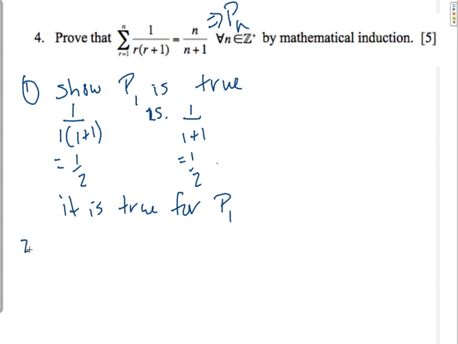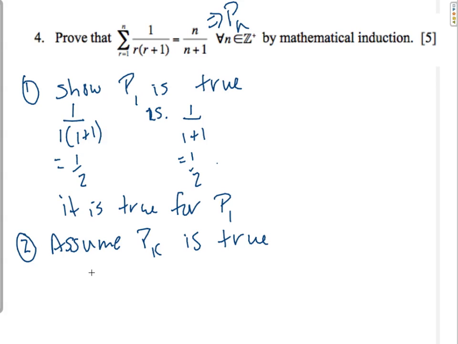Second step is my assumption. I am going to assume P sub k is true. I must say that. I must tell my reader that I'm assuming it to be true.